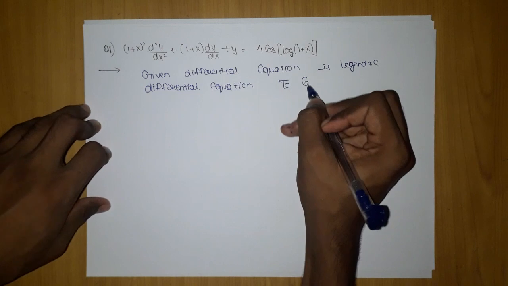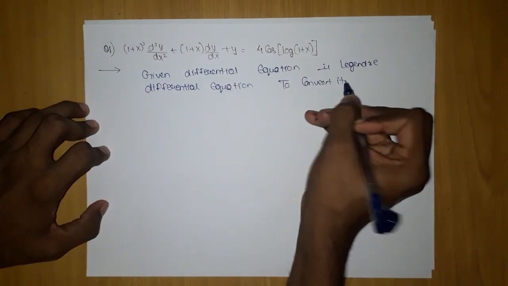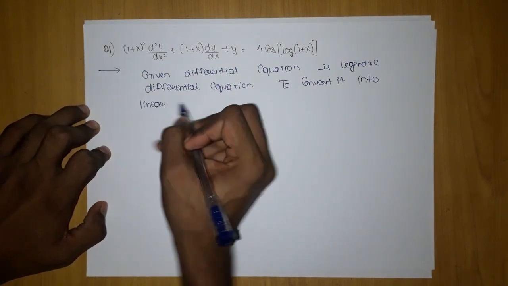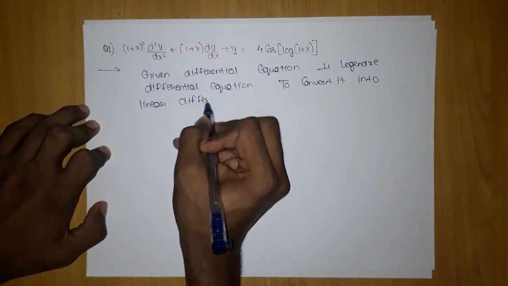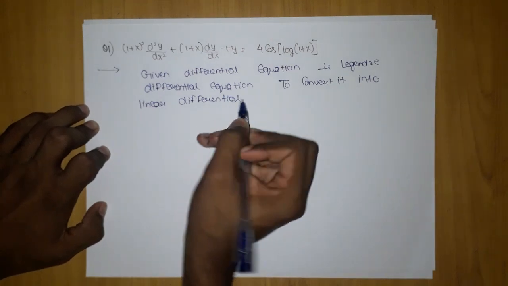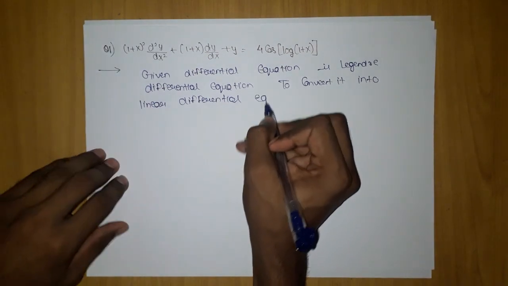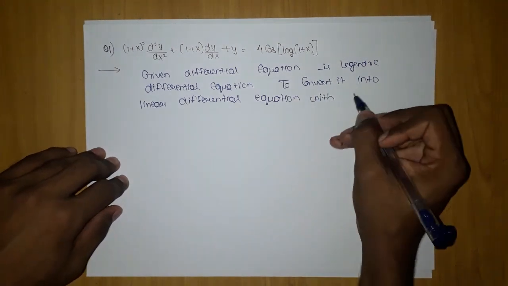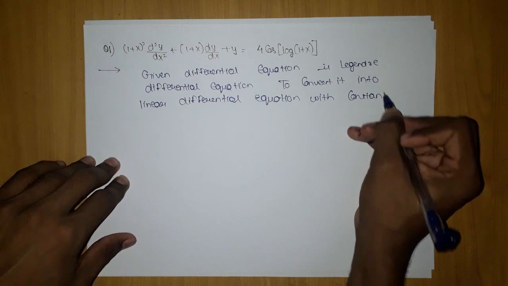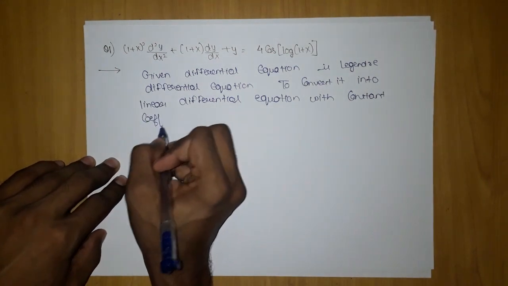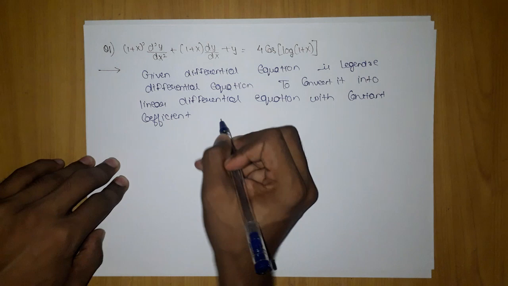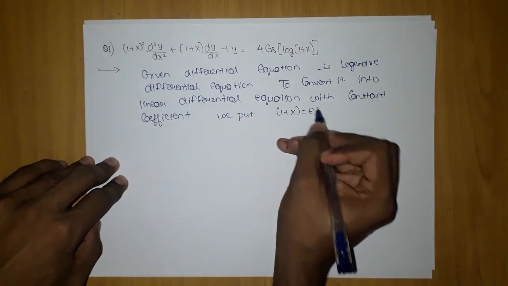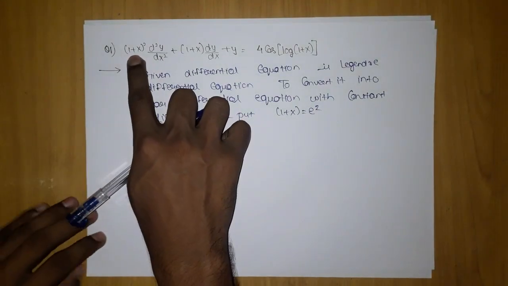To convert it into a linear differential equation with constant coefficient, we put 1 plus x equals e to the power z, because here instead of ax plus b it is 1 plus x.